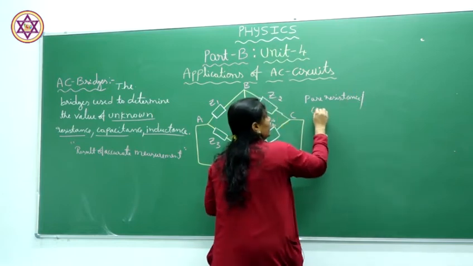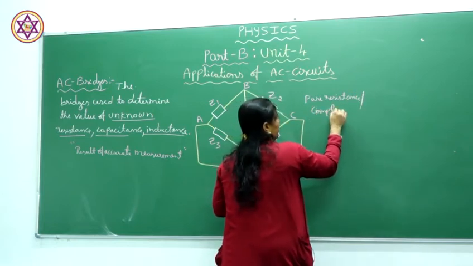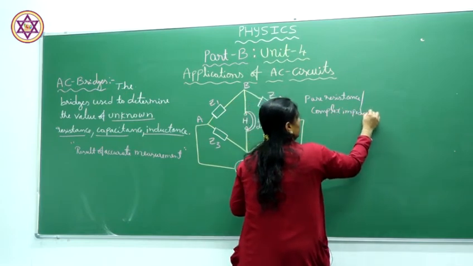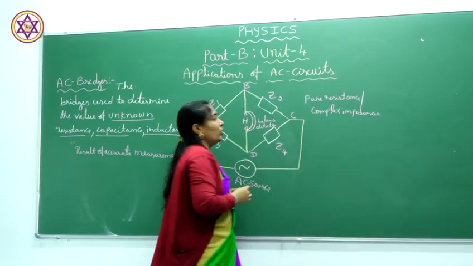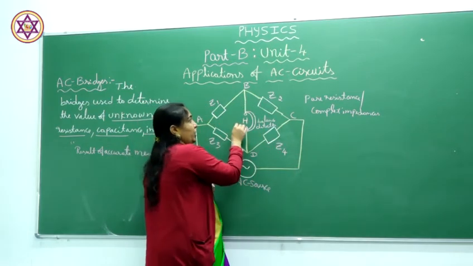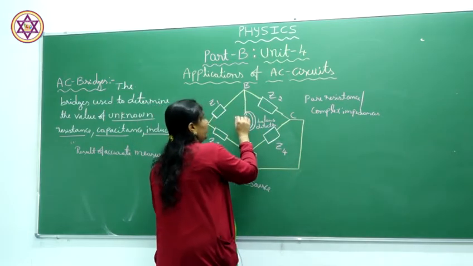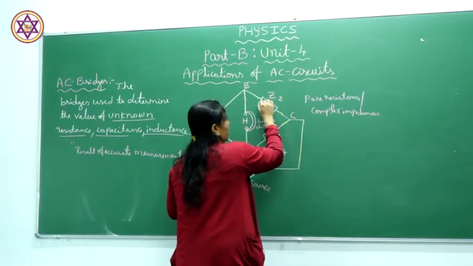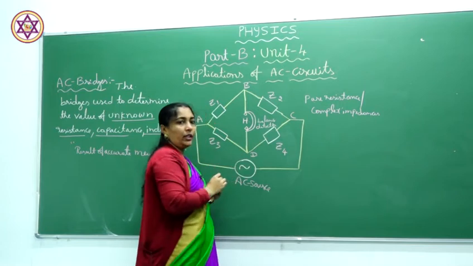What are the impedances used in AC circuits? Generally, pure resistances or complex impedances are used as the impedances in AC circuits.